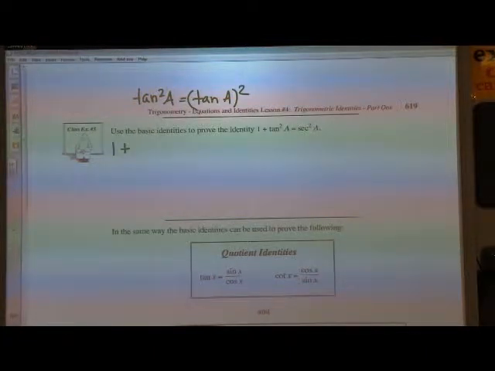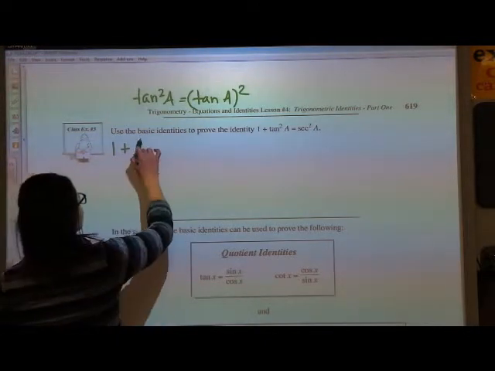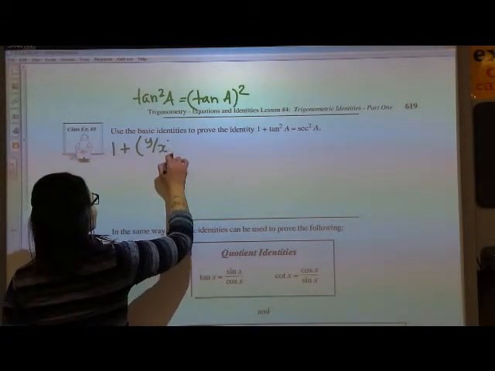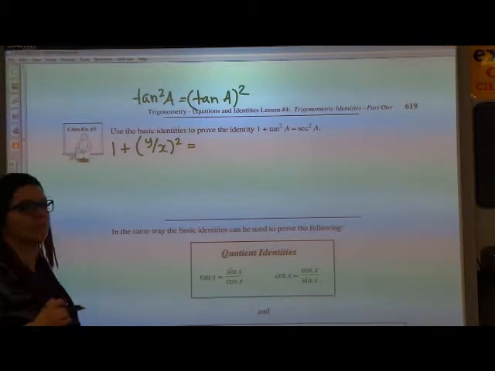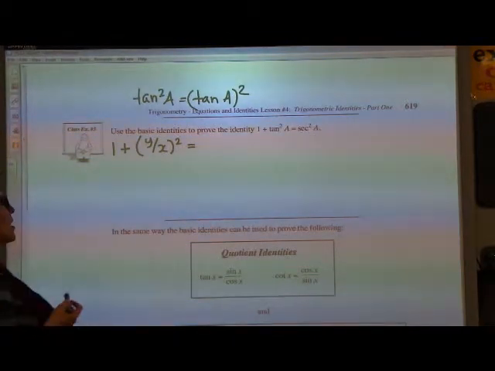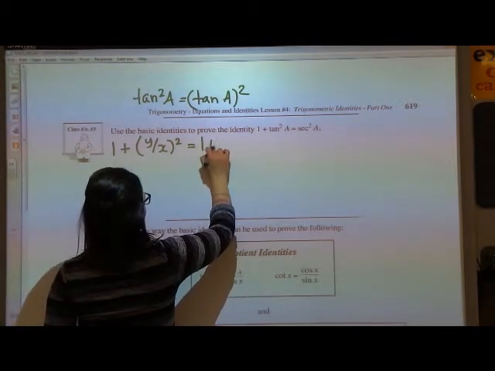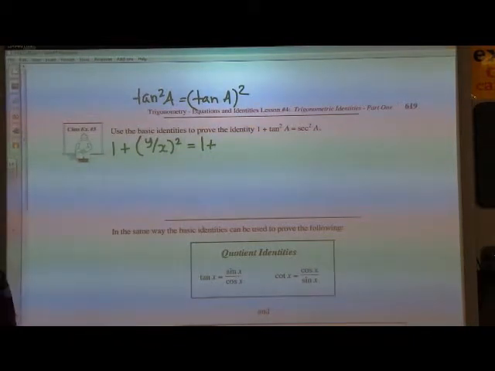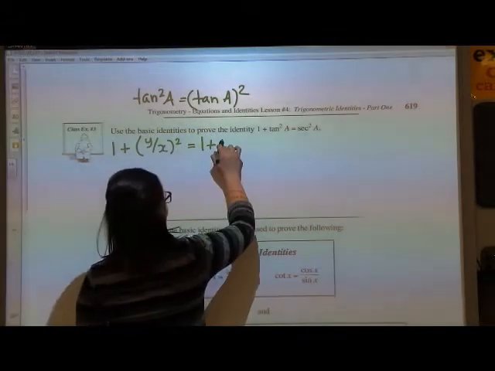So what does tan equal? Y over x. So if I square y over x, what do I get? Y squared over x squared.